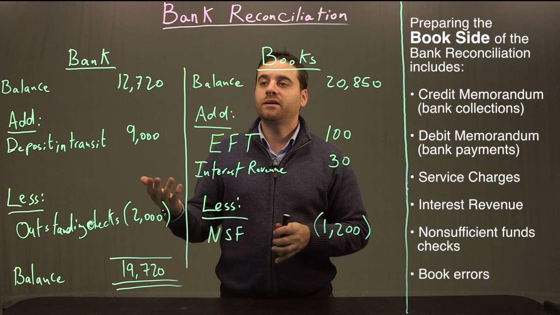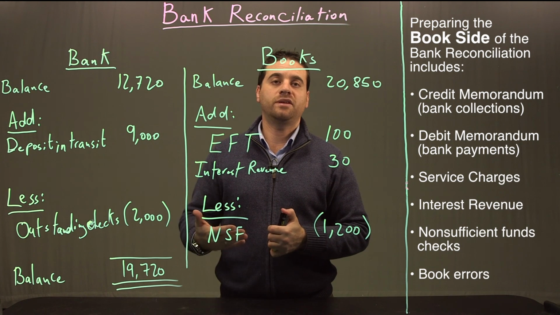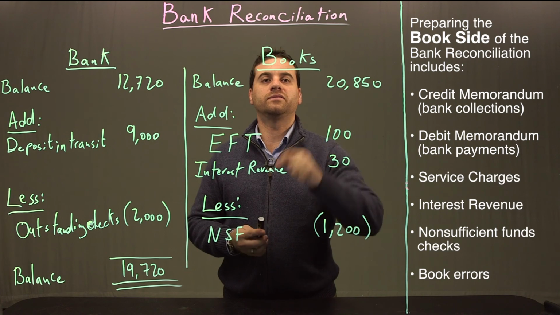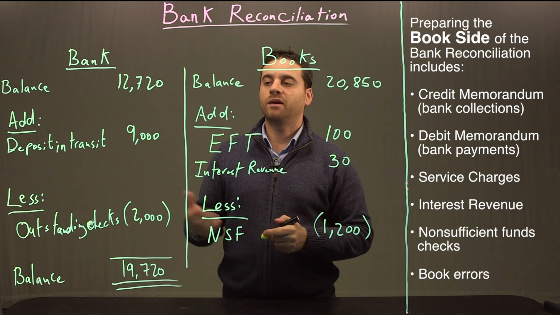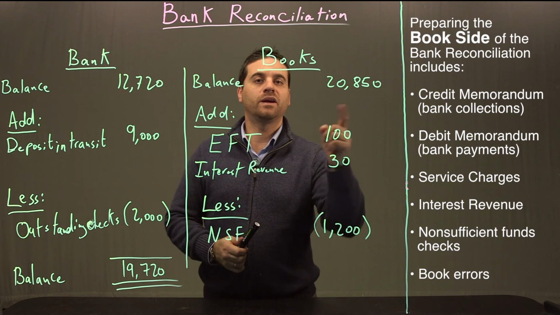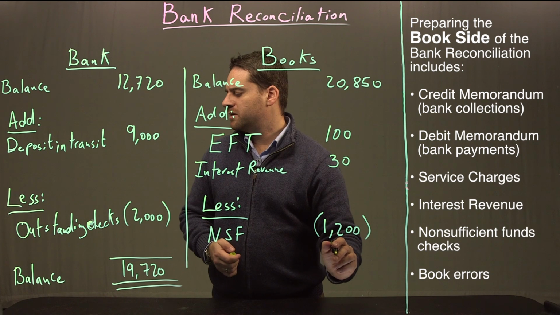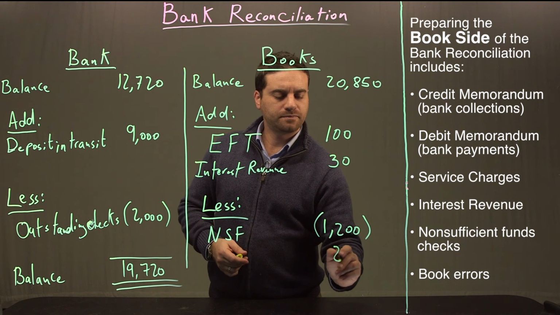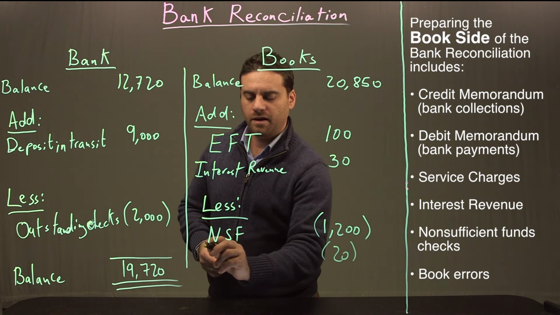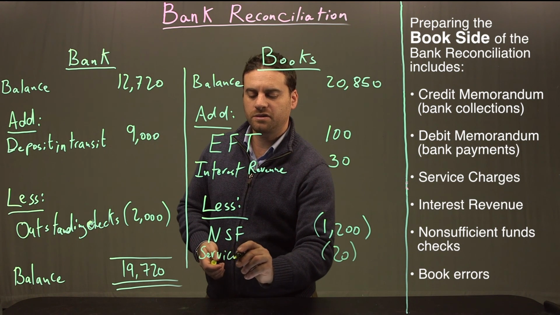So companies only get to know about that charge once they get the bank statement. They didn't know about it, so it wasn't deducted from the balance. So now that we've seen it in the bank statement, it's already deducted from the balance in the bank. Now we're going to deduct it from our books. So let's say that was $20. Okay, we're going to call it bank service charge or just service charge.